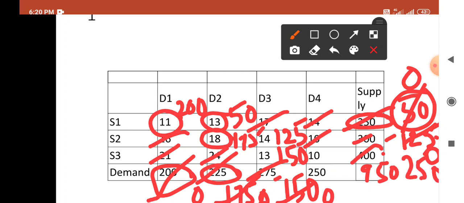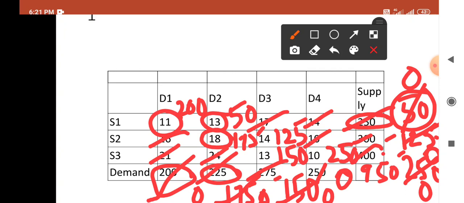Now the last element, the S3 D4 cell, that is 10, is remaining, and there is 250 in the column and 250 in the row. We allocate 250. So 250 minus 250 is 0. So we have made all positive allocations to all these cells.